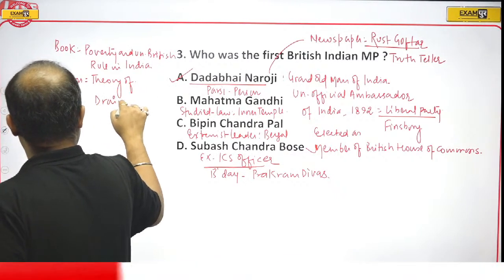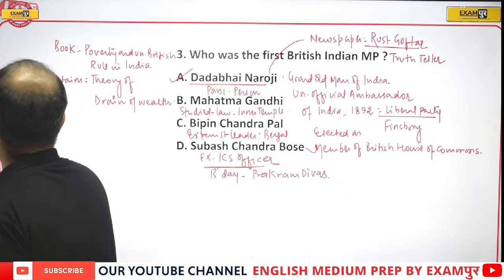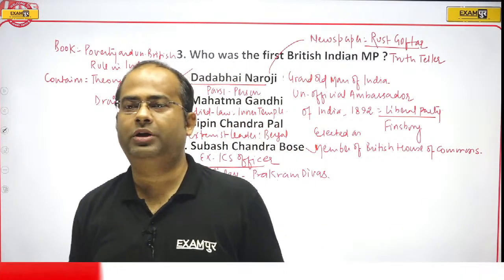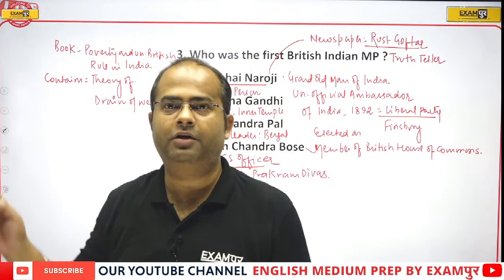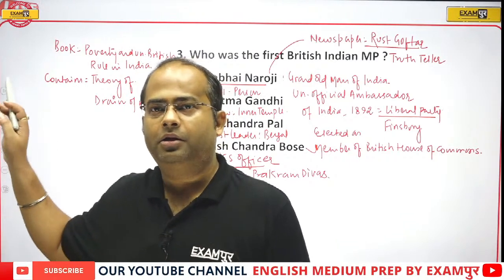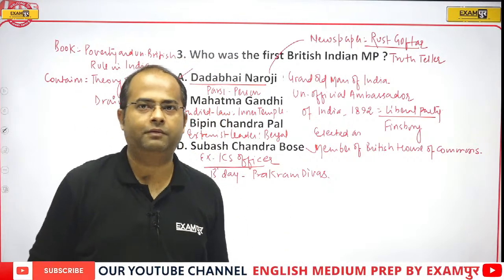So Poverty and Un-British Rule in India is the name of the book, which contains the very famous theory of drain of wealth.